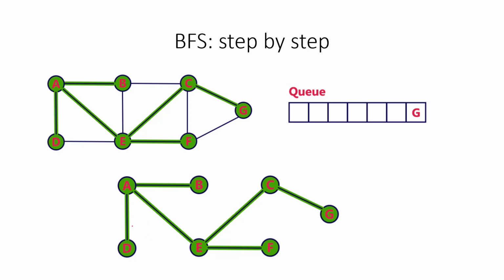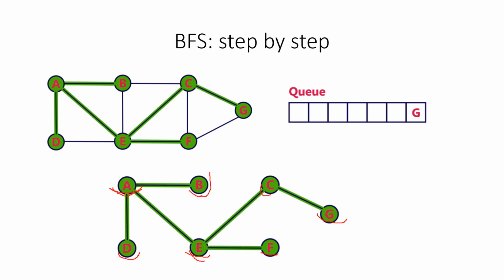If we start from A, D was discovered as an adjacent element of A, and B was also discovered as an adjacent element of A. E was also discovered as an adjacent element of A. Then C and F were discovered as adjacent elements of E, and G was discovered as an adjacent element of C. After coloring like this, it helps us find the predecessor of each element. Predecessor means the previous element for that vertex.